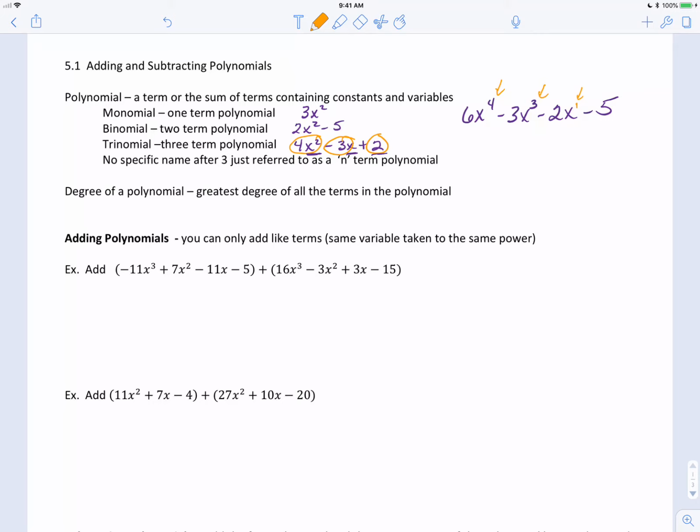And when we talk about polynomials, we also talk about the degree of a polynomial, and the degree refers to the highest degree of any term that's in that polynomial. So like in this case, the highest one is a 4 because of this 4 as my exponent right there. So we would say that this is a 4-degree polynomial.